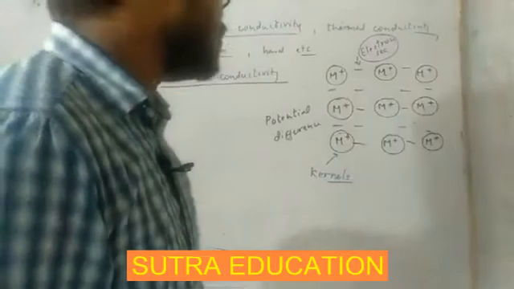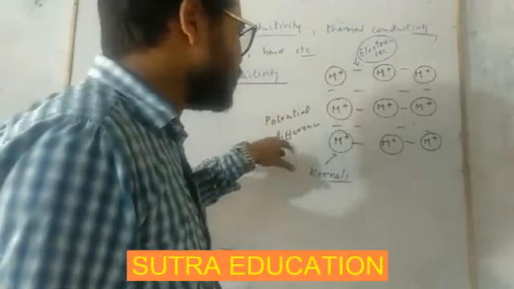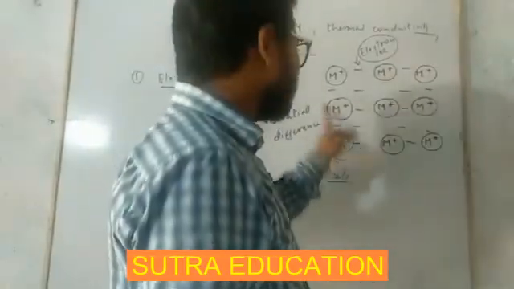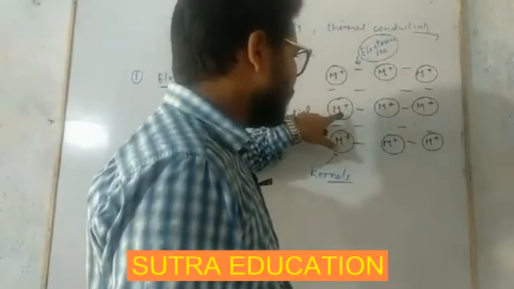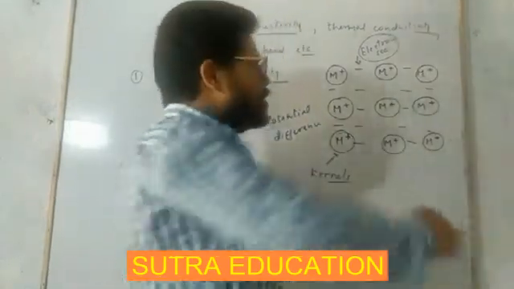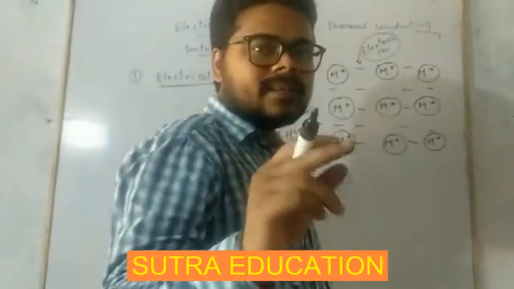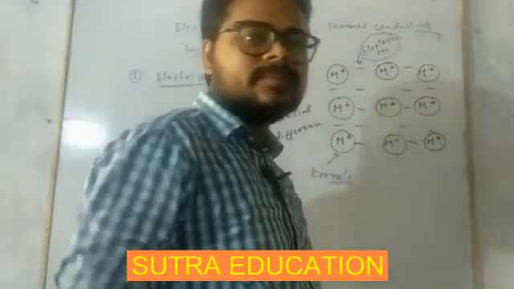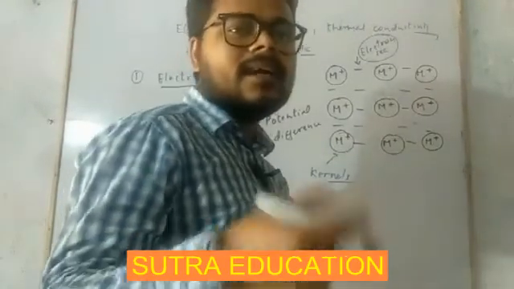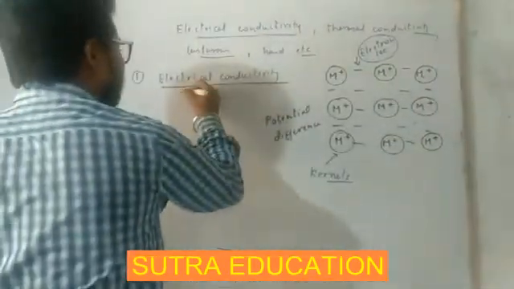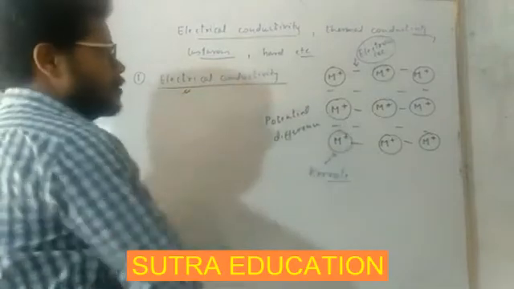So on the basis of electron gas theory, when you apply potential difference or electric current across these metals, present in the form of kernels and electron sea, these electrons which are randomly moving will move in a particular direction. And movement of electrons, we know, is electricity, means the metal will start conducting. So electrical conductivity can be explained by this electron gas theory.